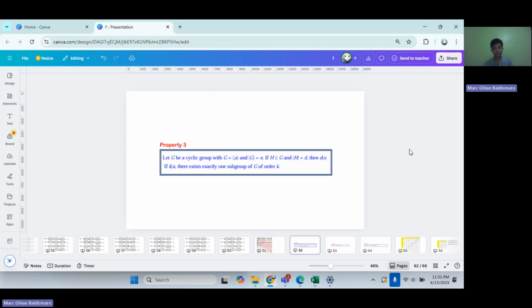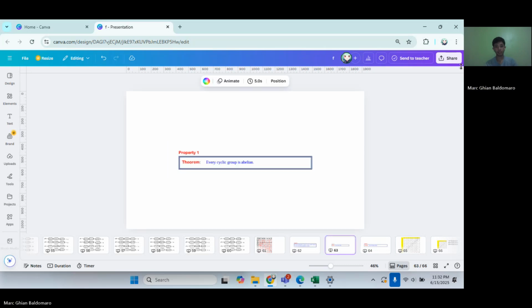If H is a subgroup of G and H has order D, then D must divide n. That means that there is only one subgroup for that order. I'll go into it in more detail later.